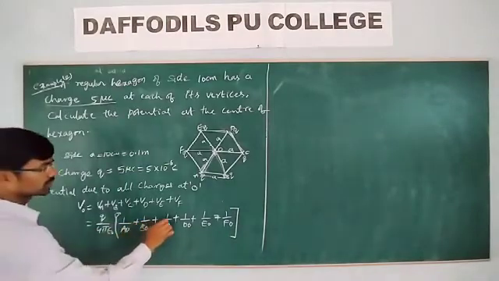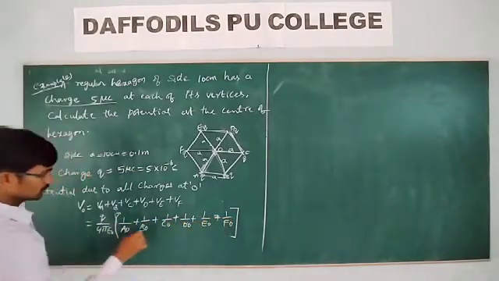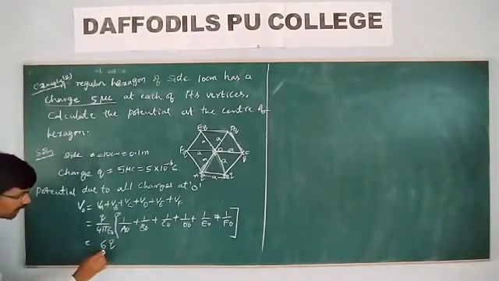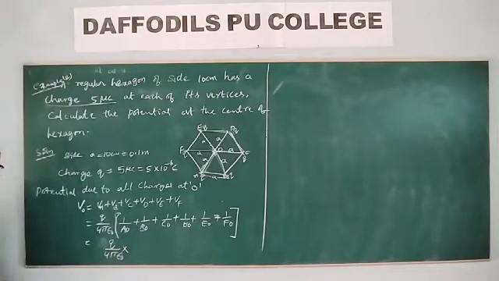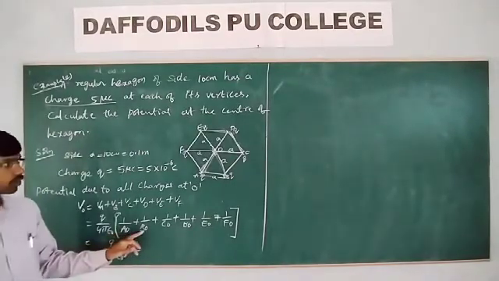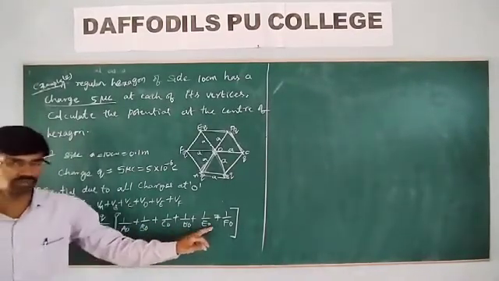That is 1, 2, 3, 4, 5, 6. So it is equal to 6 into Q by 4 pi epsilon naught into 1 by, how many times here? 6 times. Because remember that AO is equal to BO is equal to CO is equal to DO is equal to EO is equal to FO.